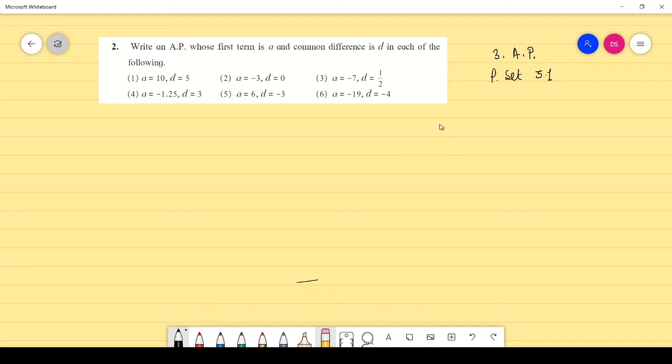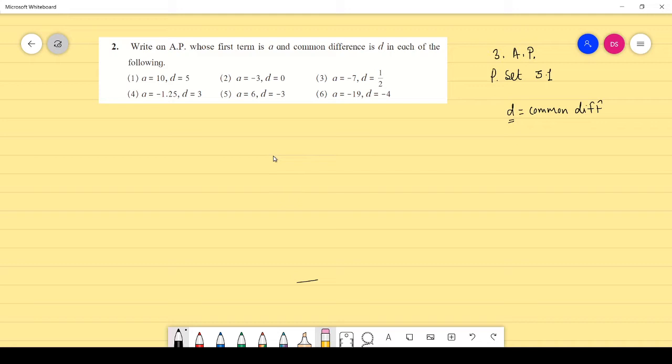What is arithmetic progression? Let me remind you. Arithmetic progression is a sequence which has a constant common difference. The common difference does not vary between any two terms. That means the difference of two consecutive terms is constant, and if such a thing happens in any series, then that series is considered an arithmetic progression.